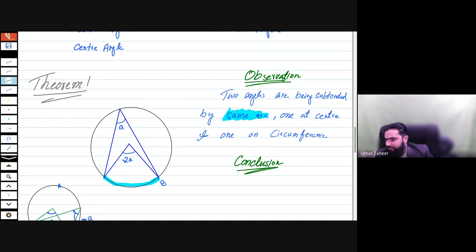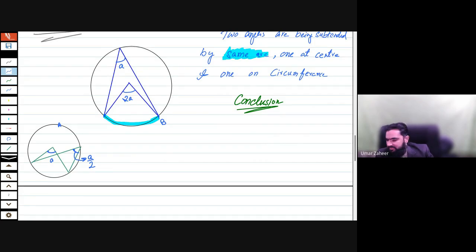From here you can make a conclusion. The conclusion is the center angle will be twice that of the angle on the circumference.